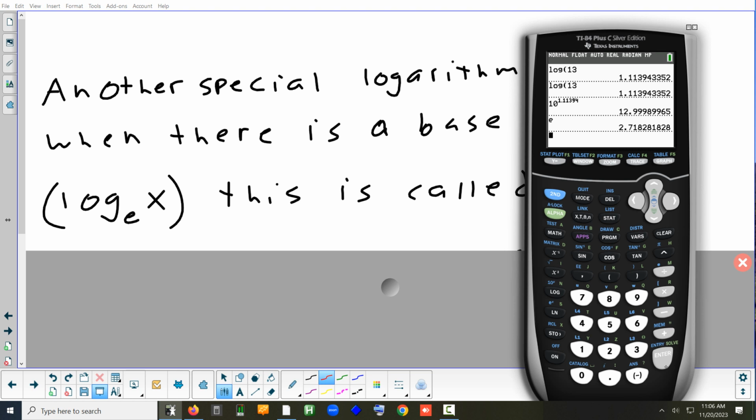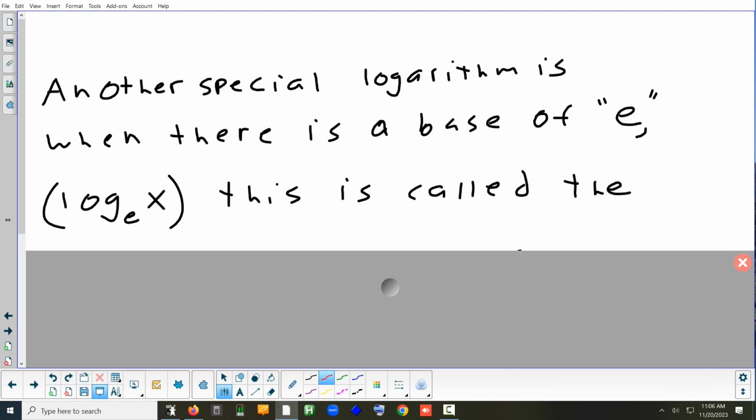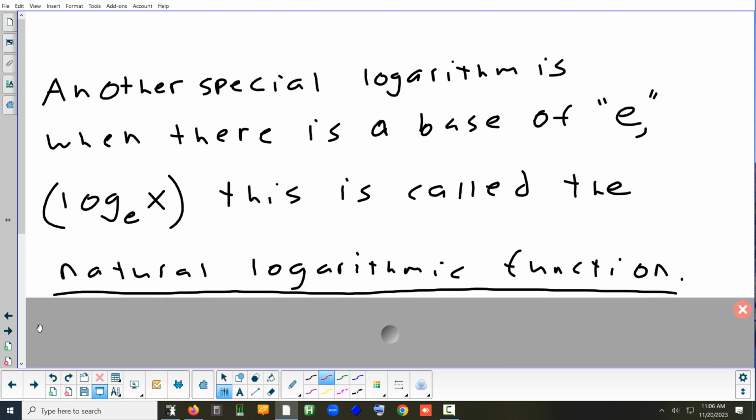It's like pi, a special constant. If you have a log and the base is e, that's called a natural log. Those are the only two logarithms that have special names. Base 10 is a common log, base e is a natural log. Anything else is just log base 5, log base 6.